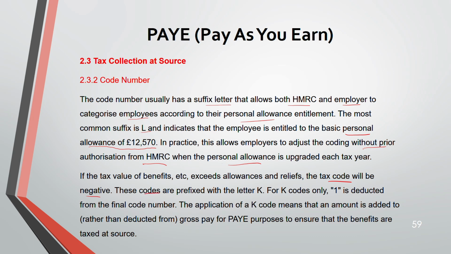These codes will be prefixed with the letter K. And for K codes only, 1 is deducted from the final code number. So application of a K code means that an amount is added to gross pay for tax purposes to ensure that benefits are taxed at source. You don't deduct, you add.